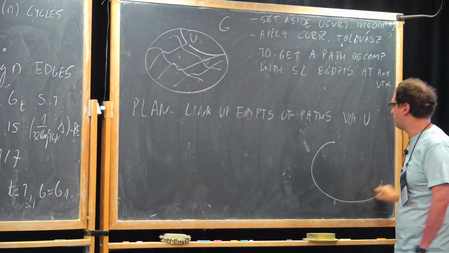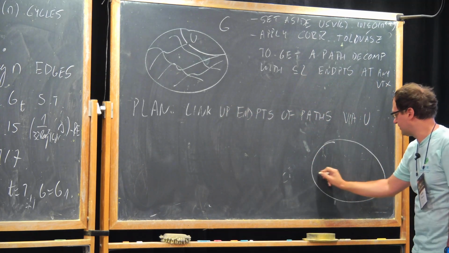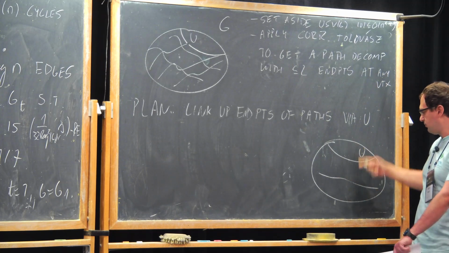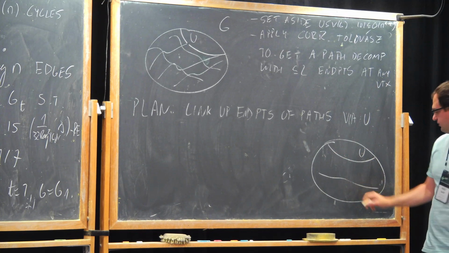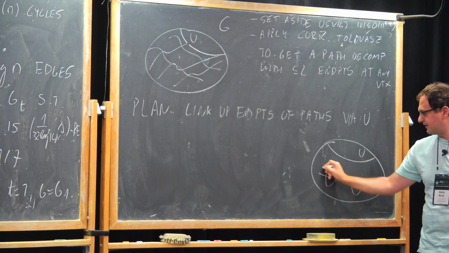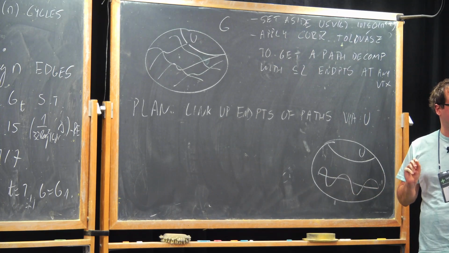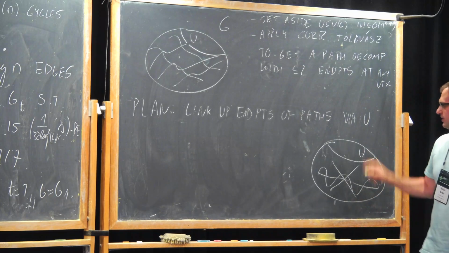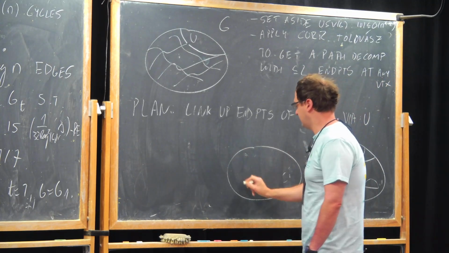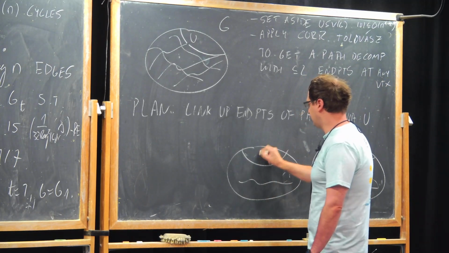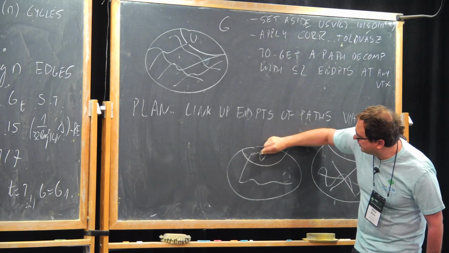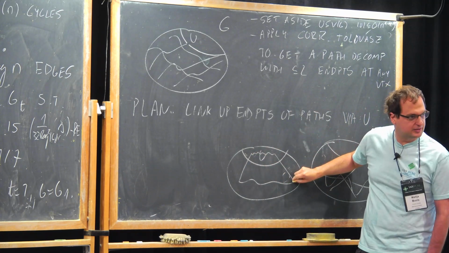So what could have happened, and why we want this random subset, is you have a path here, and if I just find some path, it could be doing something like that. So instead, given this path and given our U, we will immediately jump to U, walk here, and then immediately go back.